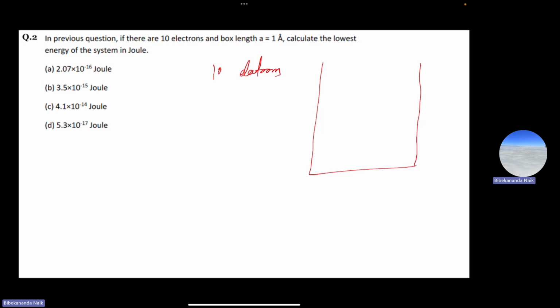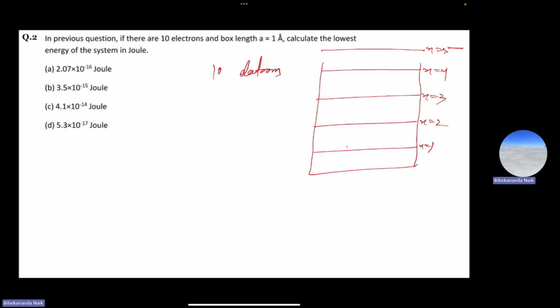We know maximum 2 electrons can be present in one energy level. So this is n equals 1, n equals 2, n equals 3, n equals 4, n equals 5. So 2 will be present here, 2 here, 2 here, 2 here, and 2 here.